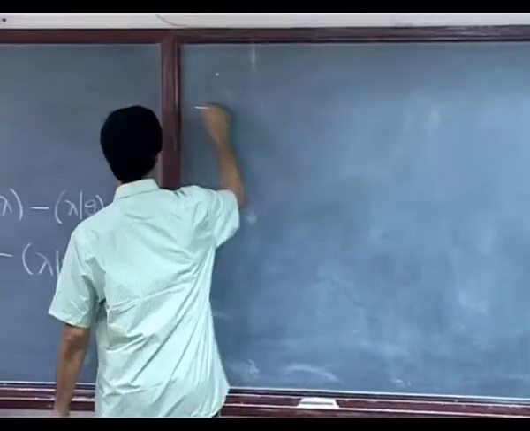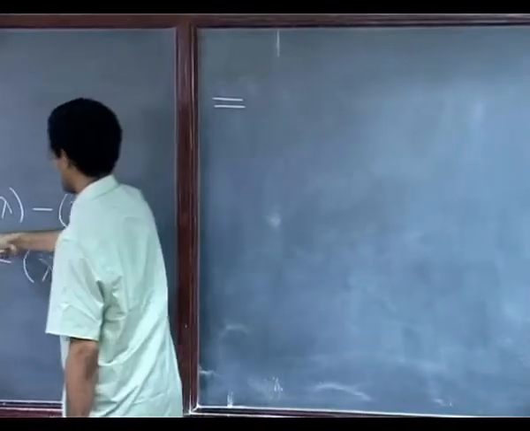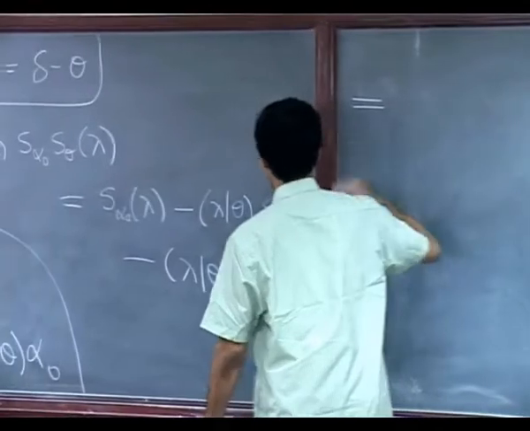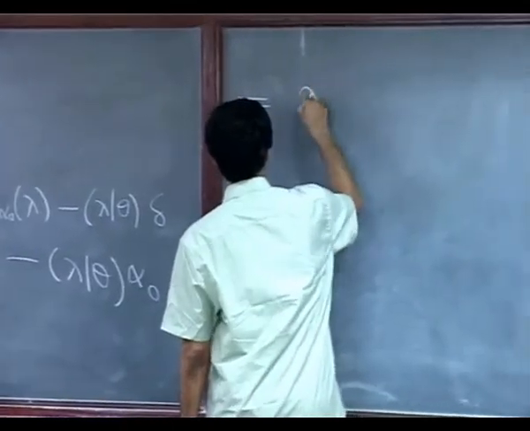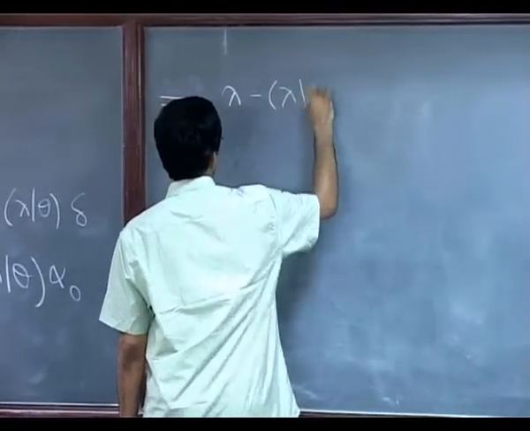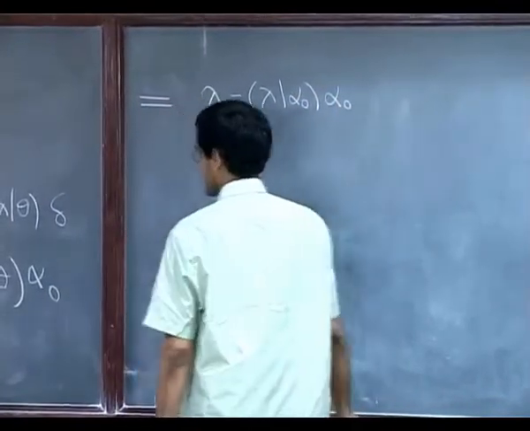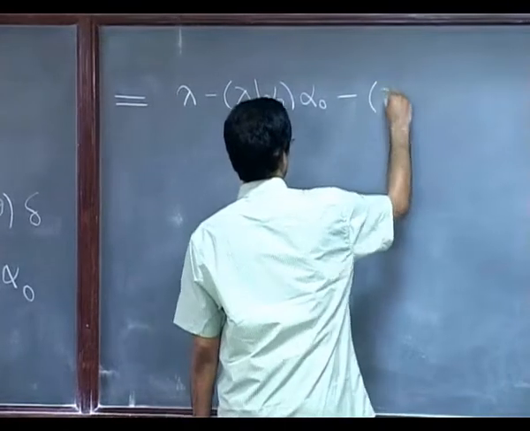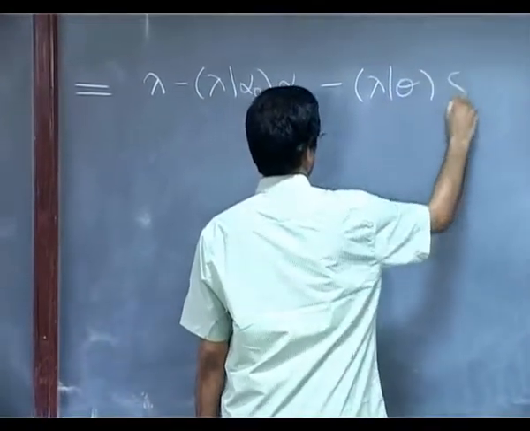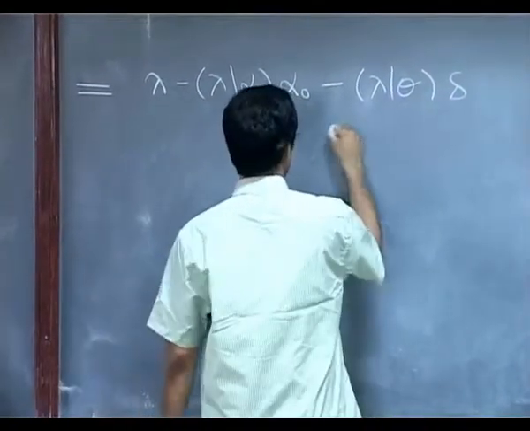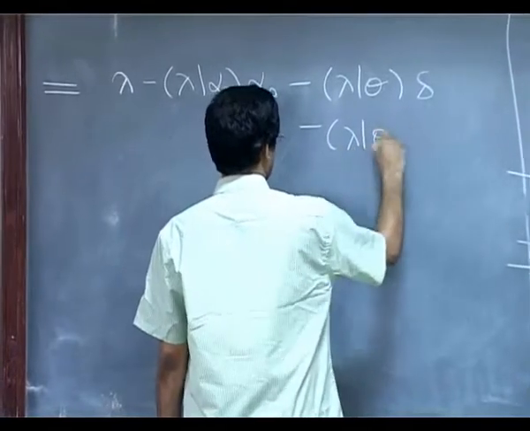So, the final answer, I still have not really unraveled the first term, maybe I will do it now. So, this is lambda minus lambda alpha naught, it still has alpha naughts in it, minus lambda theta delta, and this guy is now minus lambda theta alpha naught.